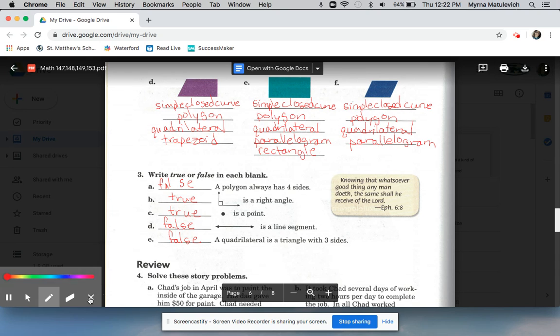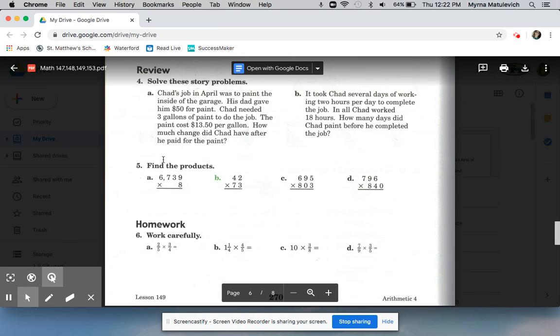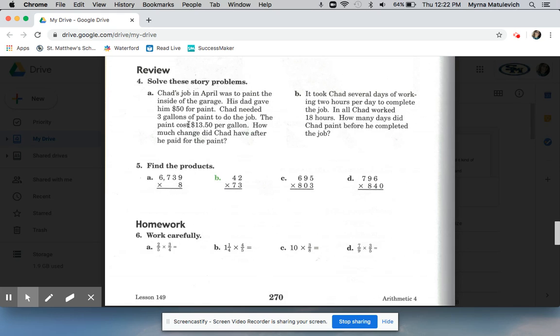Solve these story problems. Chad's job in April was to paint the inside of the garage. His dad gave him $50 for paint. Chad needed 3 gallons of paint to do the job. The paint cost $13.50 per gallon. How much change did Chad have after he paid for the paint?